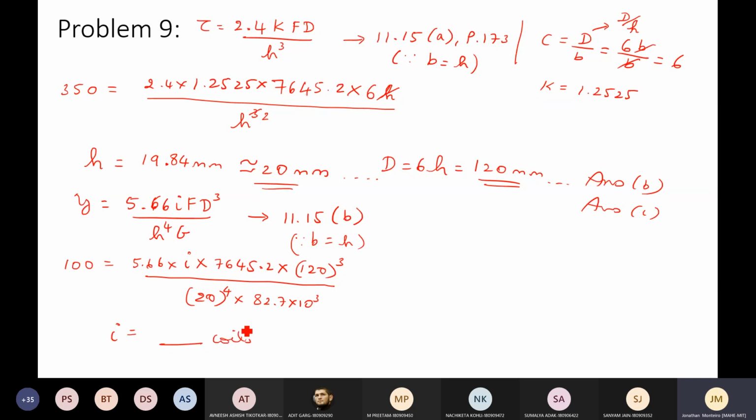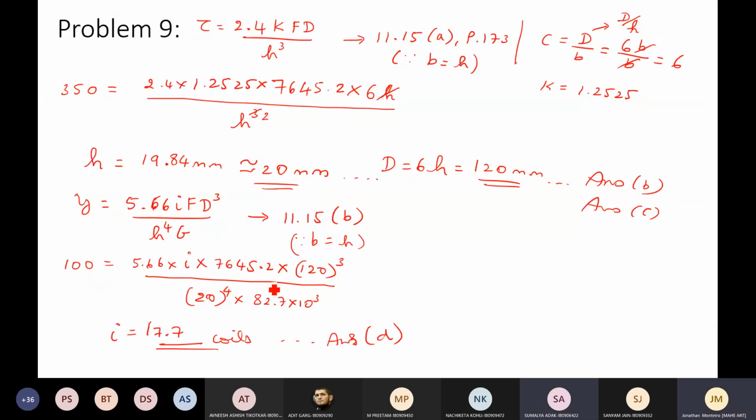That many number of coils. So 17.69. Yeah, correct.